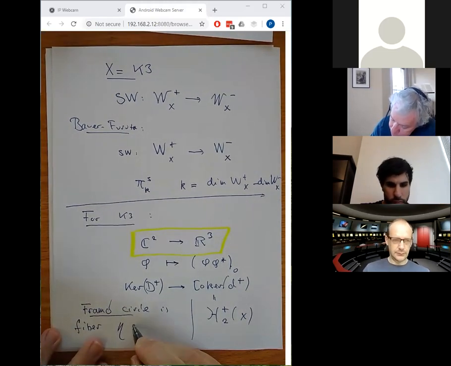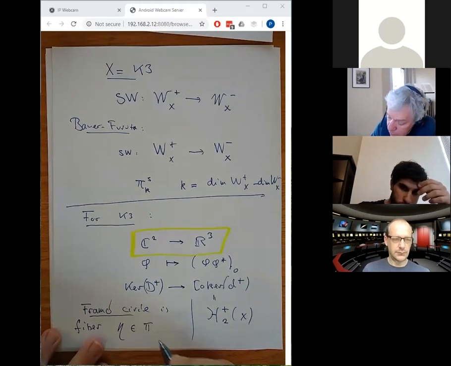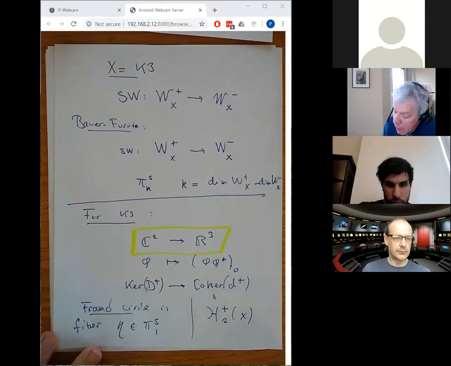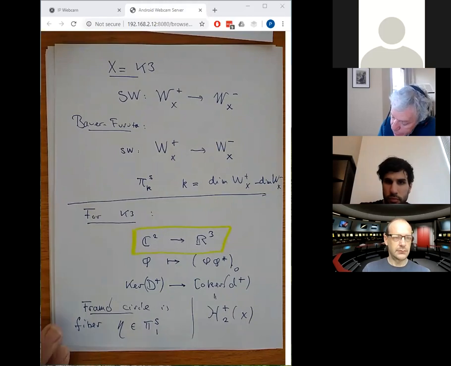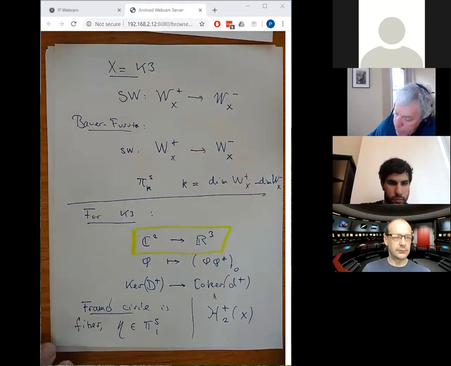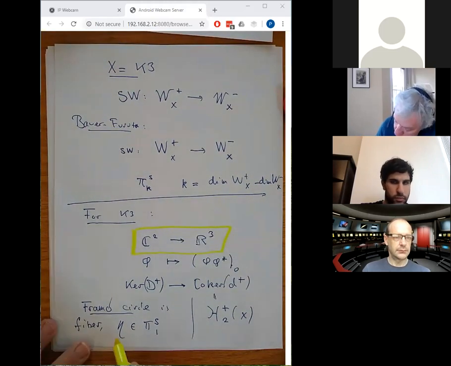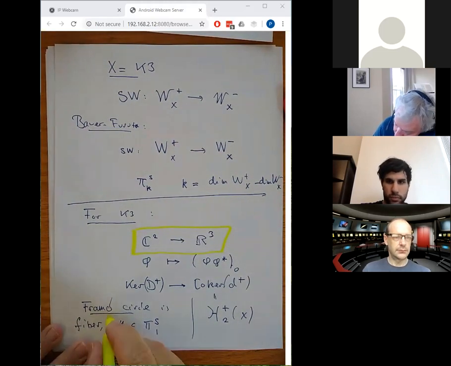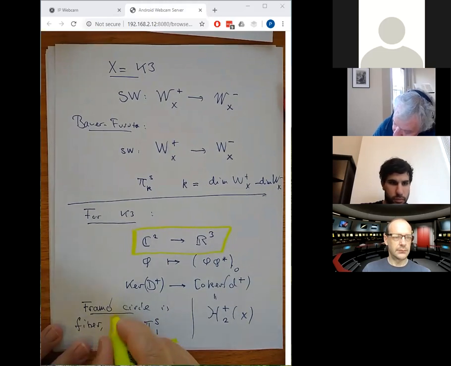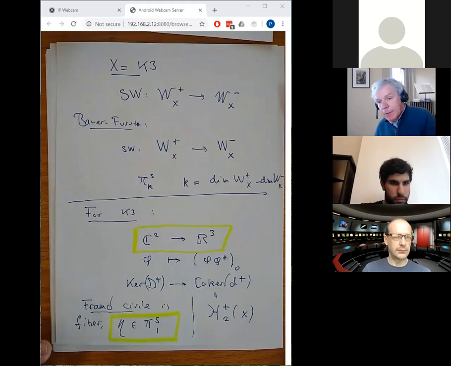And this is the generator of the stable one stem. So that is, in its most primitive form, the Bauer-Furuta invariant for the K3 surface, and it's this non-zero guy.